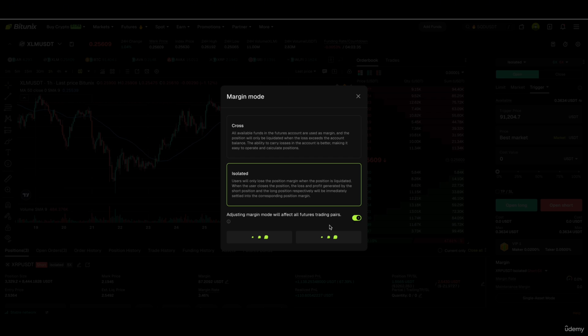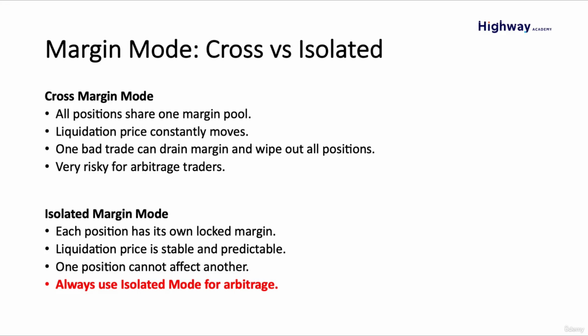In cross mode, all of your open positions inside the same margin account share one combined pool of collateral. This means if one position is losing money, the system will automatically pull margin from your other positions to keep it alive. At first, cross mode sounds attractive because it increases capital efficiency. You don't need to assign separate margin for each trade, and your unused balance can support any position that needs it.